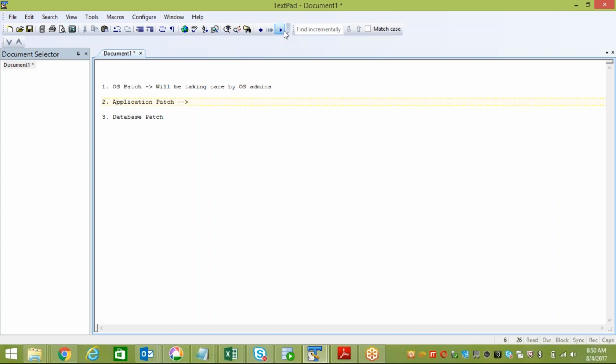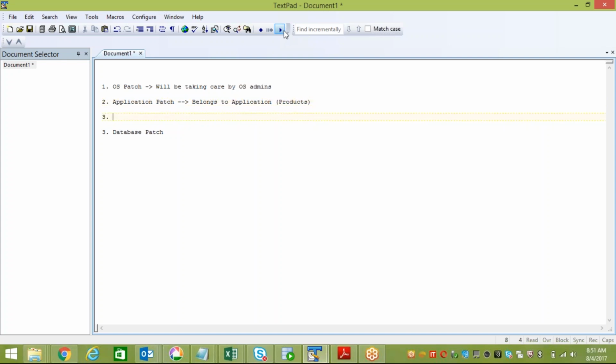Next, application patch. Application patches, yes, as a database administrator, I mean, as an apps DBA, you have to take care of the application patch. Basically, these application patches belong to the application, in the sense, products.